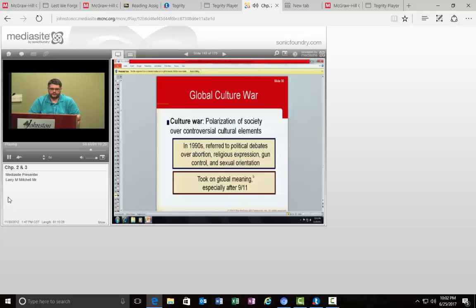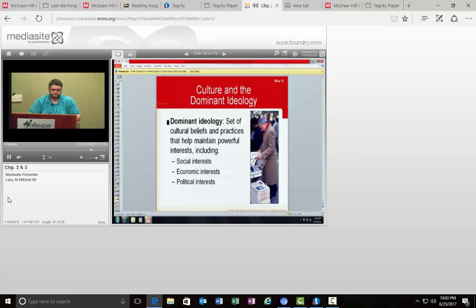Abortion, religious expression, gun control, sexual orientation, and even after events such as 9/11, these are items that really become talked about by media and people, and we can have a wide array of opinions. All right, generally with a culture there, we do have a dominant set of beliefs, and that's simply what our slide here is showing. So maybe there are groups in society that would benefit from this a little bit more and keep the status quo in check.